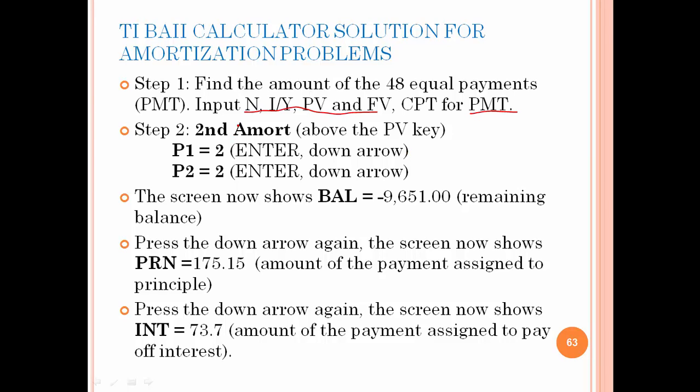Now you want to find the amort function, which is just above the PV key. So it's the second function, you want to go second amort, and you want to input P1 as 2 and P2 as 2.